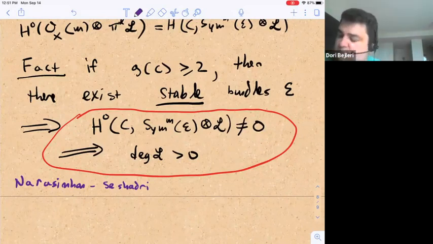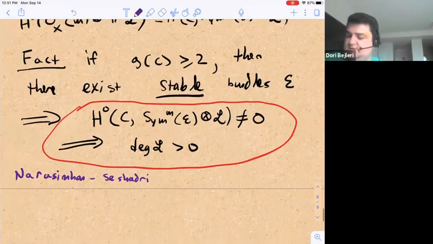Here we're really using that we're over C, and that lets you produce stable bundles. From the definition of stable bundles, you get the property that if this tensor product has sections, then the degree of L has to be positive. Okay, but I won't say more about that. You can just believe that there exist curves with such bundles.